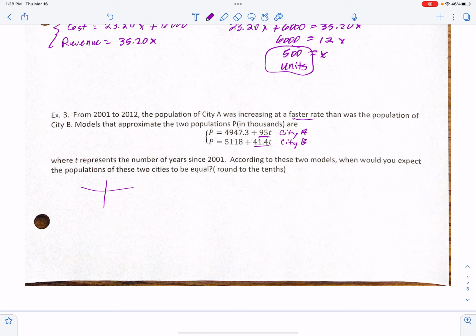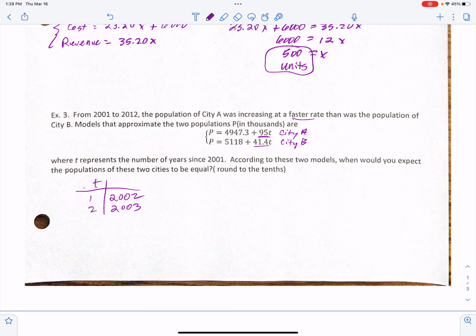You have to be a little bit careful because if T is 1, it's not year 2001, that is year 2002. If T is 2, that is going to be 2003, because T being 0 is for year 2001. So T is the number of years since 2001.